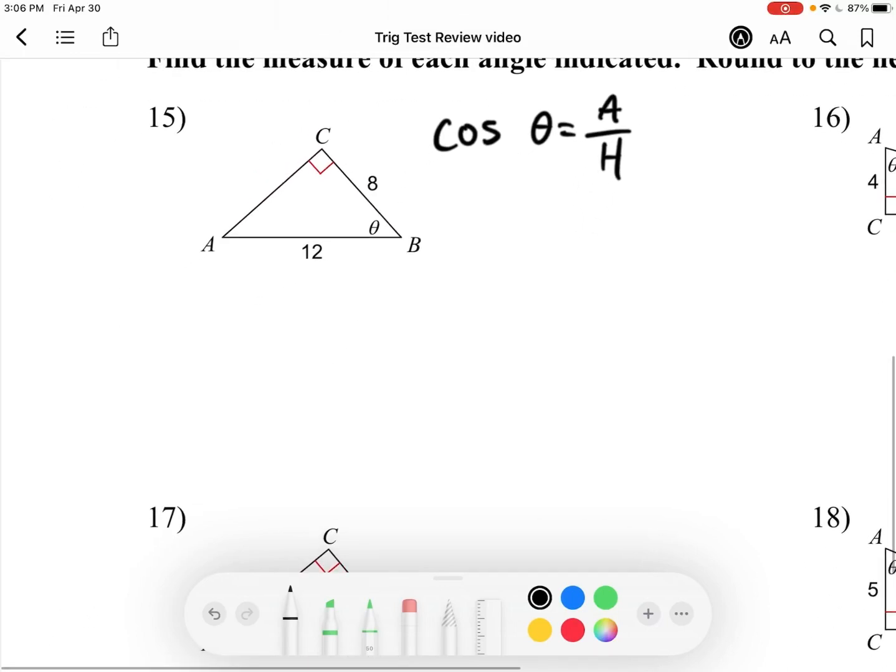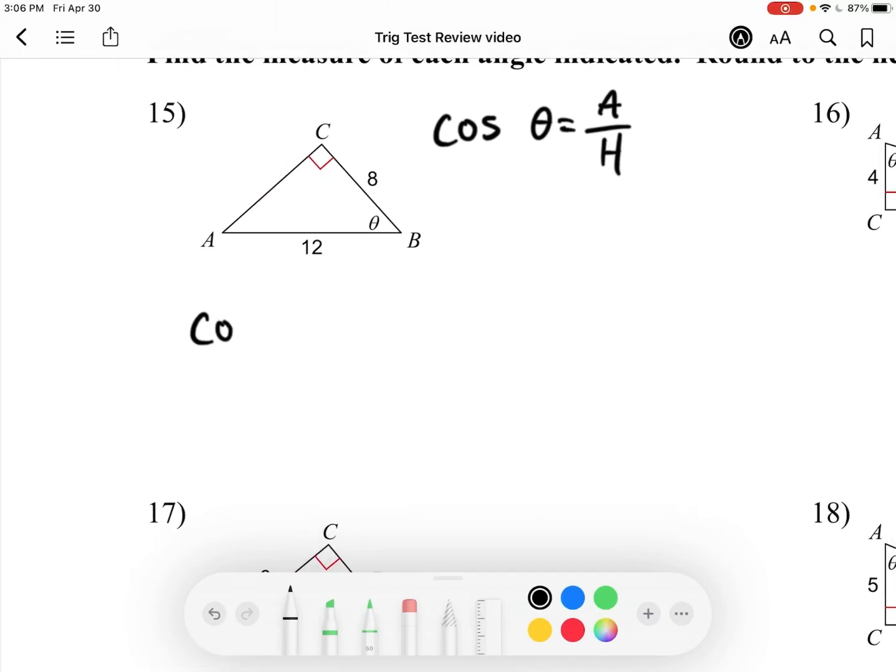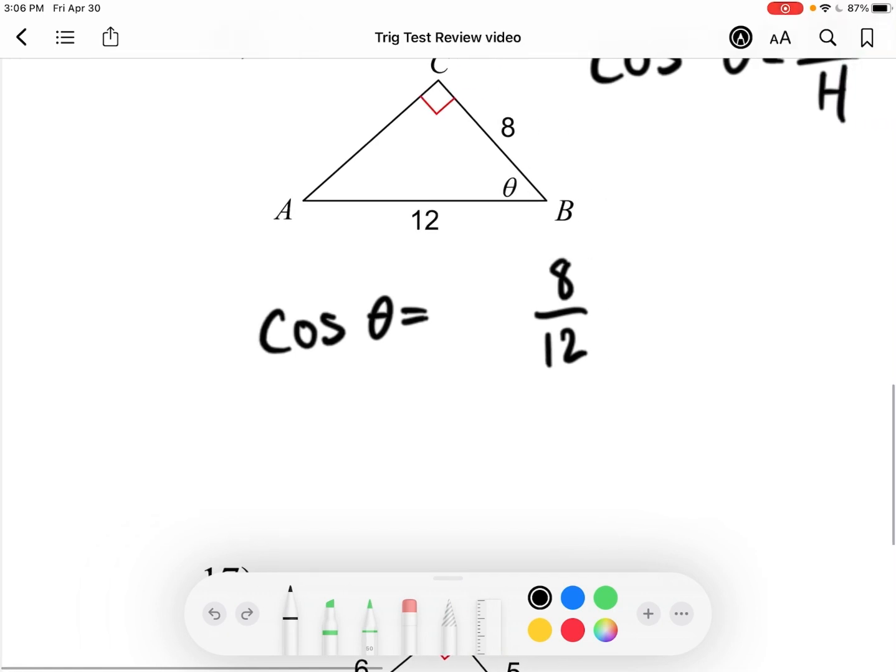Now we're going to rewrite this equation. Cosine theta is equal to the adjacent side, which is 8, and the hypotenuse, which is 12. We're looking for theta, so we want to get rid of cosine. The way to do that is to take the inverse of cosine on both sides, because whatever we do to one side of the equation, we have to do to the other.